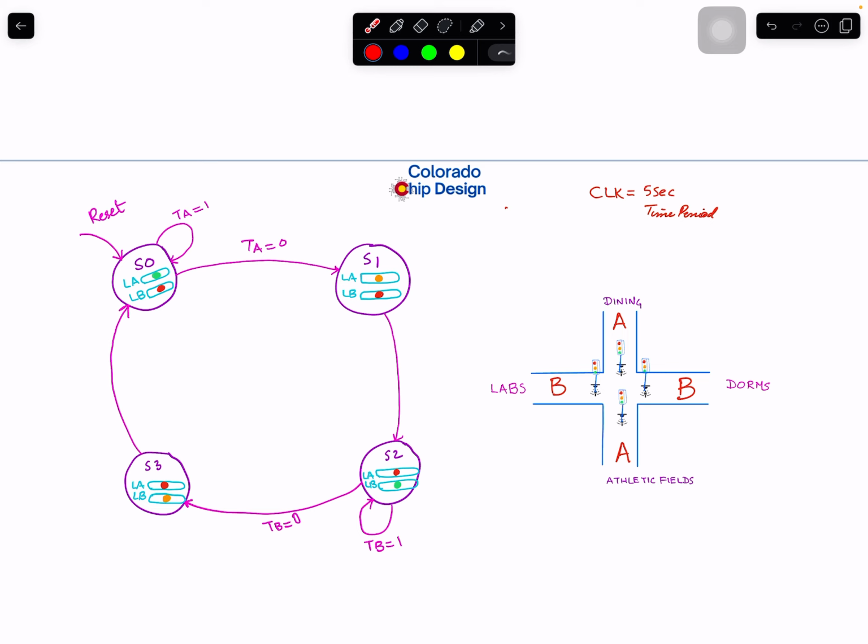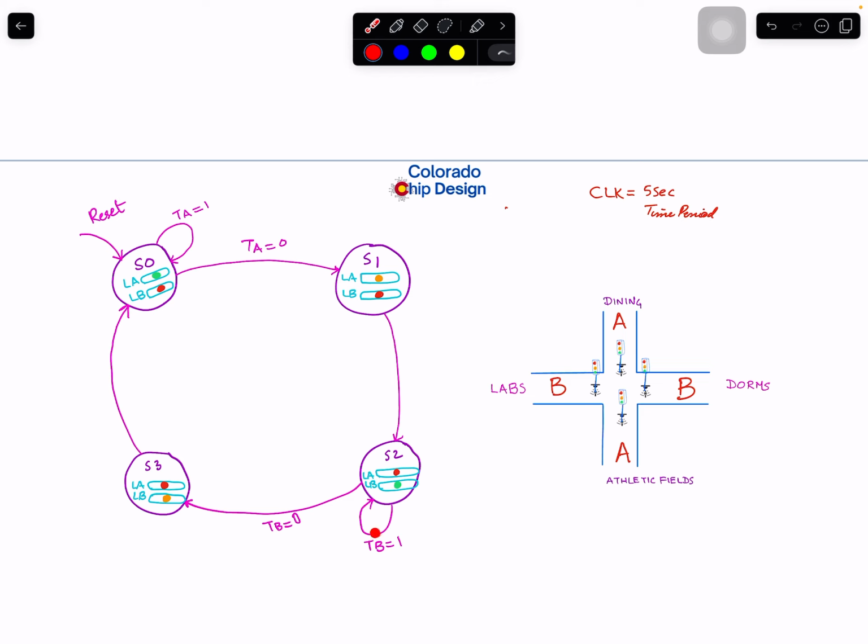What happens in state 2? We turn this one red, and now B is on. We keep staying in state S2 as long as these two sensors are on, meaning there are people here.